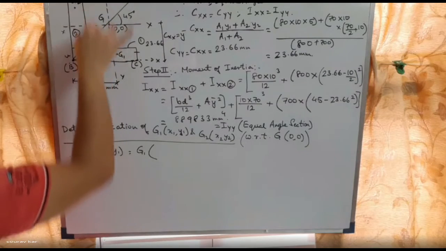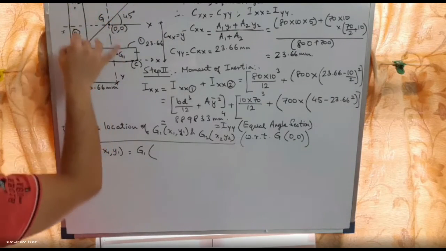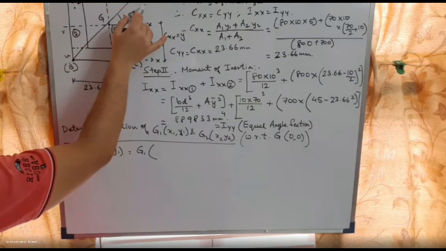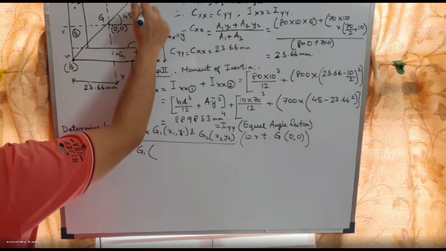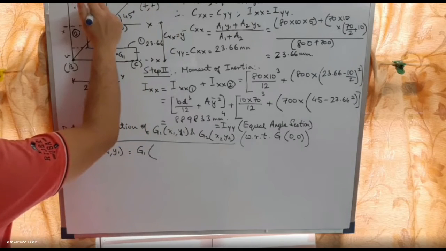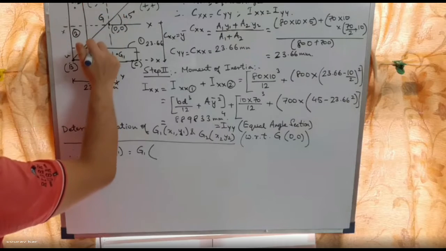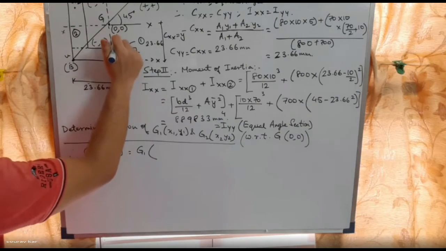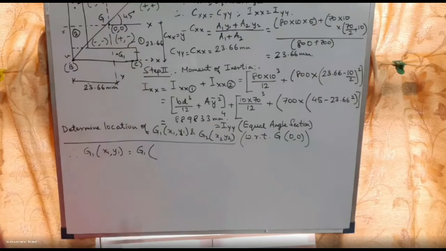If this is graph paper, G is the origin. First quadrant, X positive, Y positive, right? Second quadrant, X negative, Y positive. Third quadrant, X negative, Y negative. And fourth quadrant, X positive, Y negative, right?